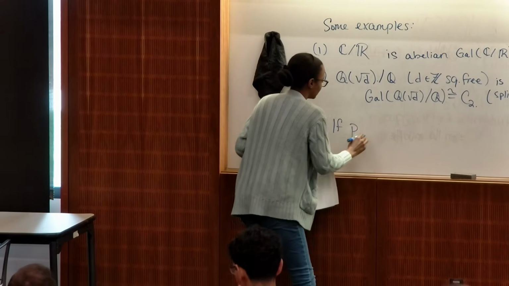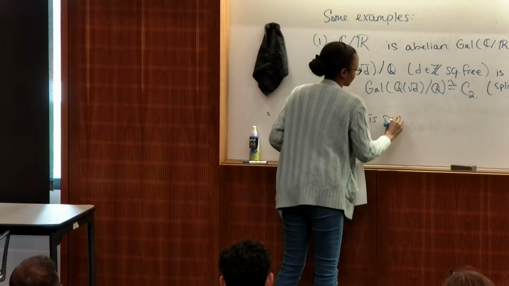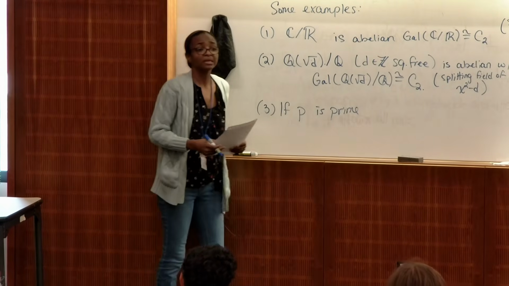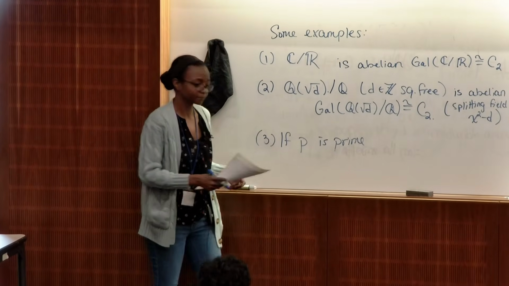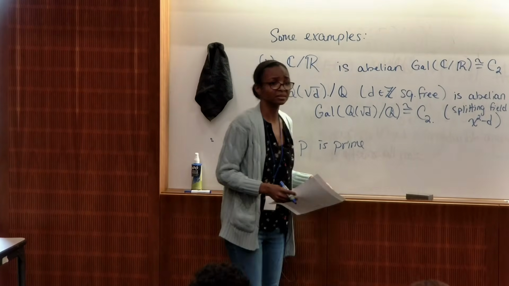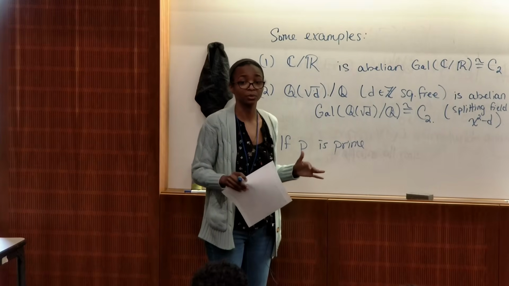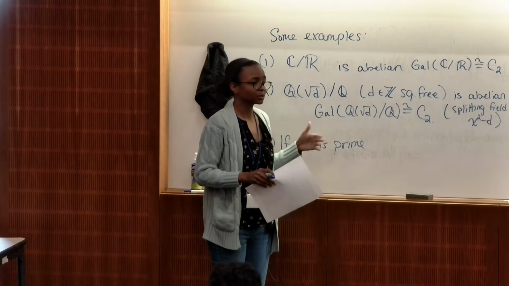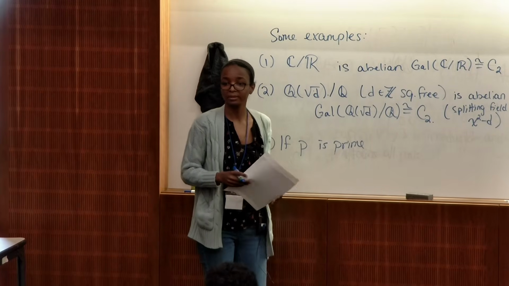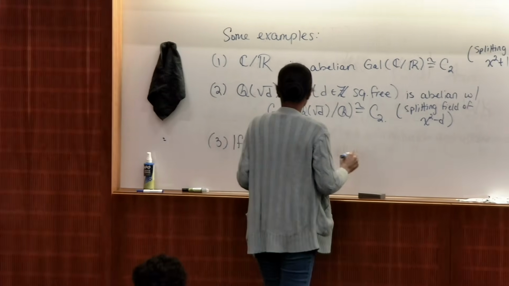If I give you a prime p, and I give you any finite extension of F_p, that is an abelian extension. In fact, it's not just abelian, it's cyclic, so it's not just an arbitrary abelian group. It is, in particular, a cyclic abelian group, and the cyclic group is generated by something we call the Frobenius. So it's the Frobenius map.